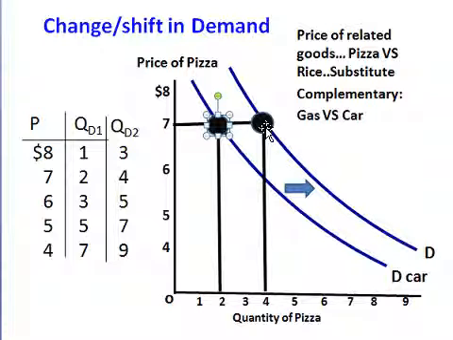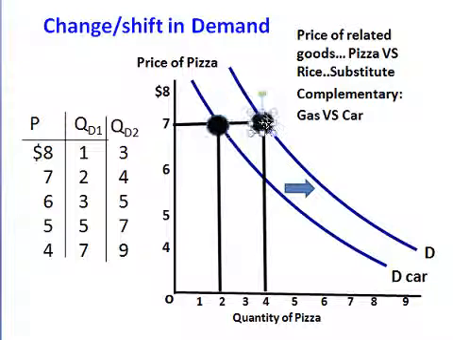That is why I am saying that the price of car remains unchanged but the price of gas drops. Only then will the entire demand curve for car shift right.